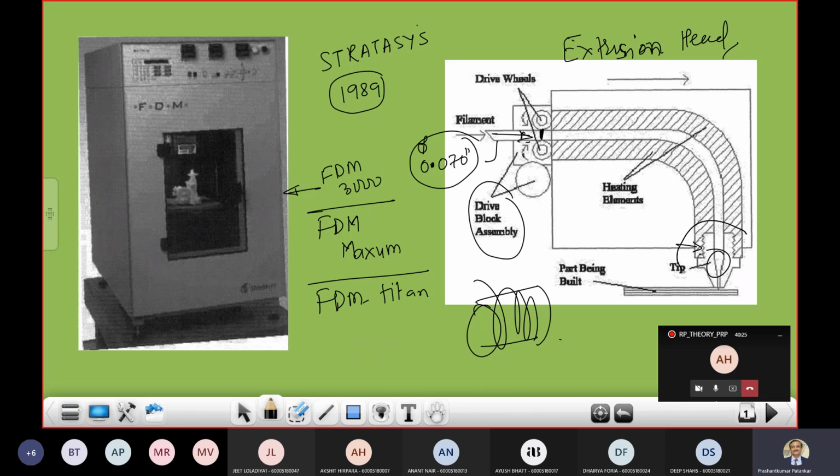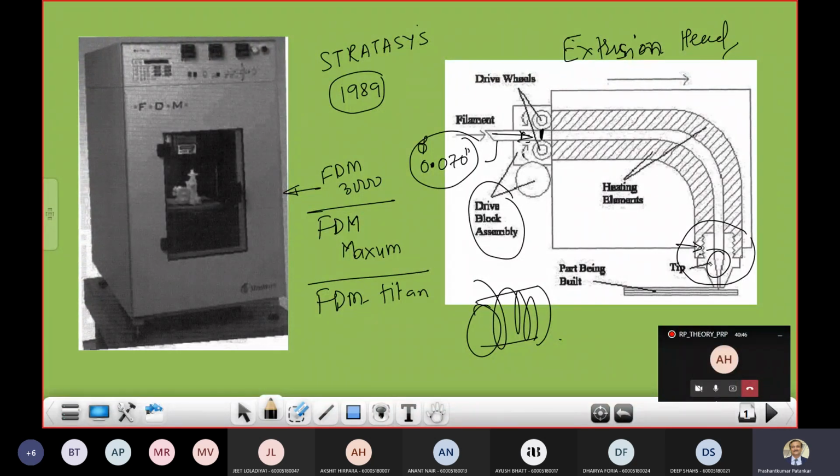Now, another important thing in the drive block assembly is your tip. What you can see over here are the two tips, which are externally threaded.